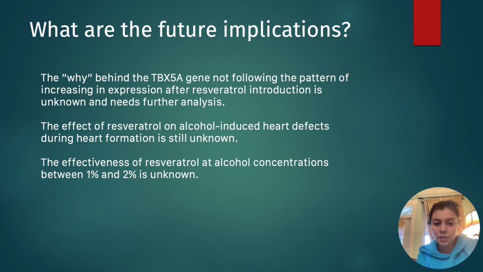And they also do not know the effects of resveratrol on heart defects, so they don't know if there are any underlying issues that resveratrol may cause to the formation of the heart, especially at a young age.